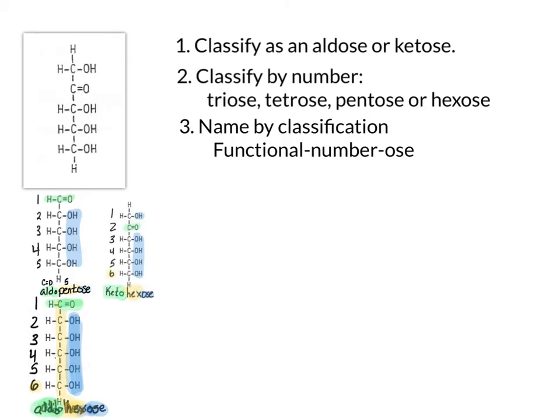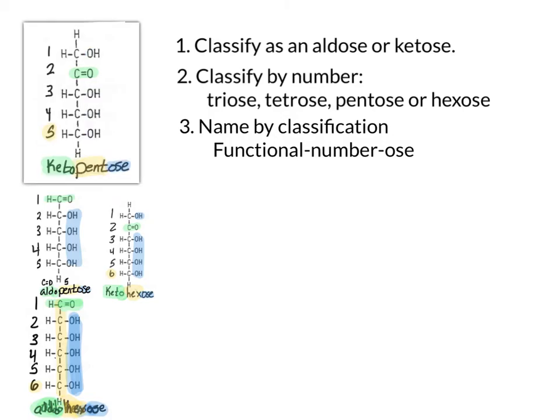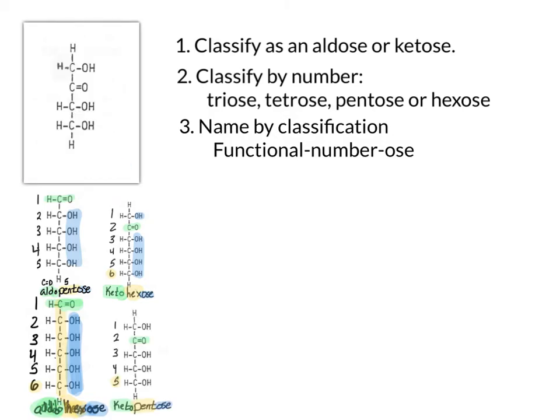And on this one we see another ketose, and then we've got 1, 2, 3, 4, 5 carbons, so it is a ketopentose. Alright, so let's try this one. I see it as a ketone, so it's a ketose. It's got 1, 2, 3, 4 carbons, so it's a tetrose. We put that together and you get a ketotetrose.